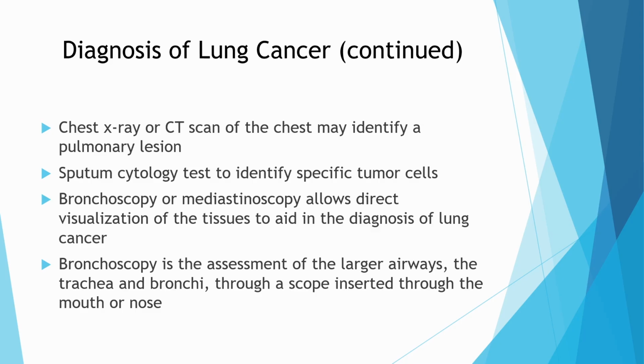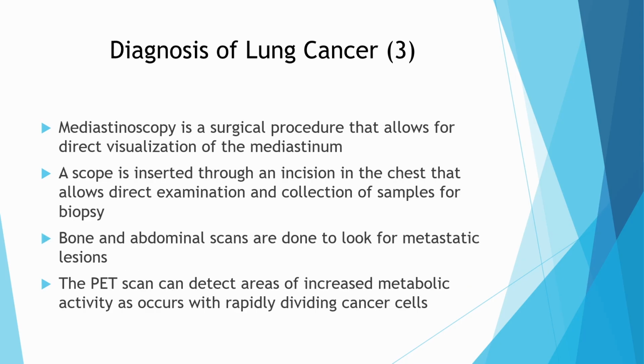Bronchoscopy is the assessment of the larger airways, the trachea and bronchi, through a large scope inserted through the mouth or the nose. A mediastinoscopy is a surgical procedure that will allow for direct visualization of the mediastinum. And then a scope will be inserted through an incision in the chest that will allow for direct examination and collection of samples for biopsy.